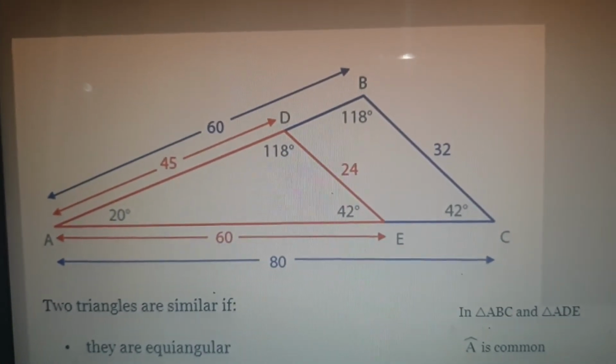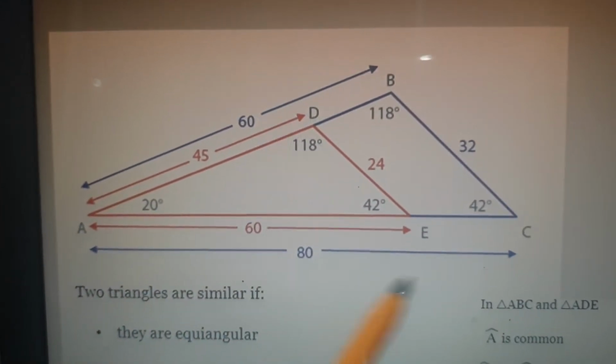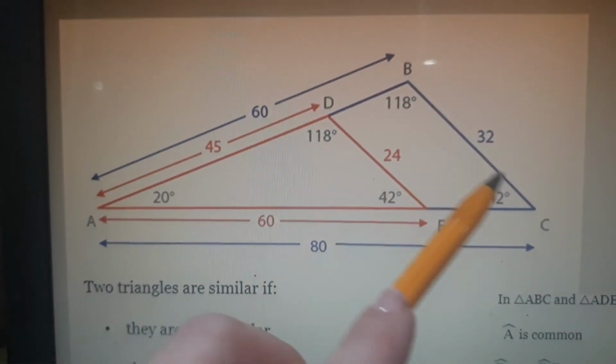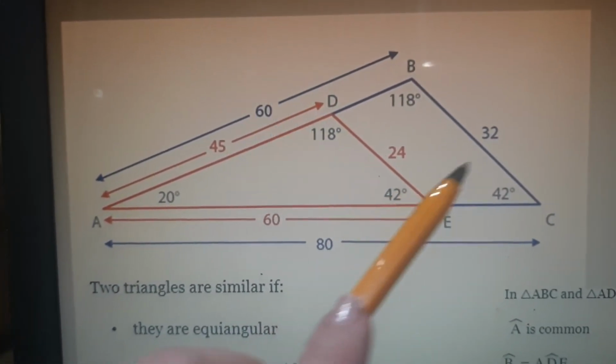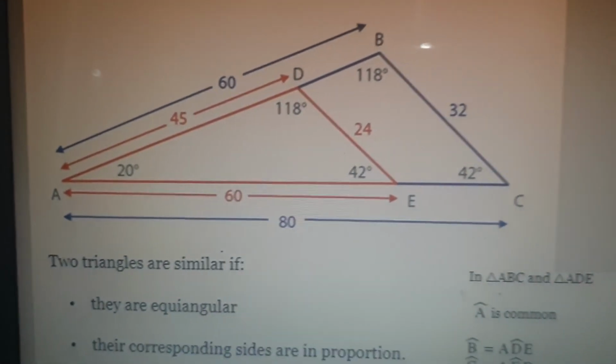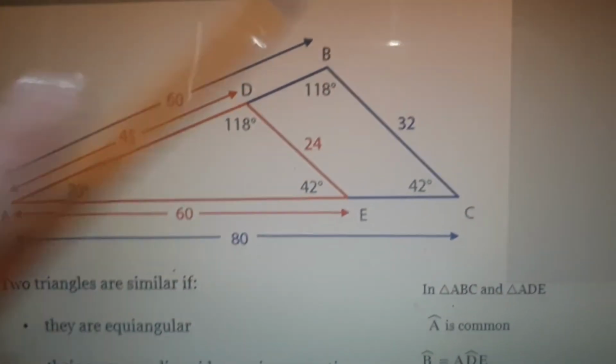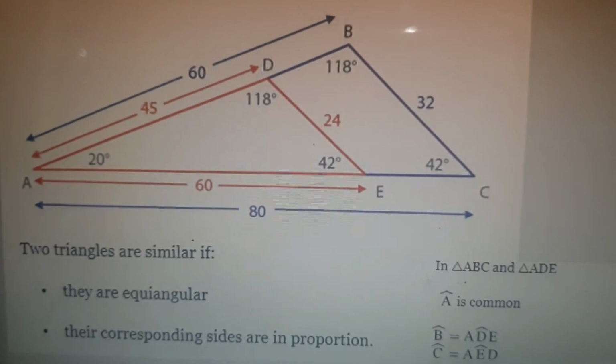We also know this because it is corresponding angles. So we have another angle that's equal, and the same goes for these 2 angles. So it's indicated, but we also know that it is corresponding angles. Therefore, we have 3 angles that are exactly the same size, and that means these 2 triangles are similar.